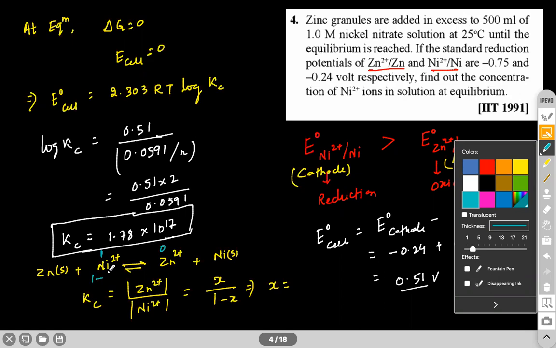And then it becomes 1 minus x, and this is x. So this is x by 1 minus x. You can find out x from this by substituting the value of Kc, and then we can find out the concentration of Ni2 plus, which is 1 minus x, and it is coming out to be around 5.6 into 10 to the power minus 18 molar.